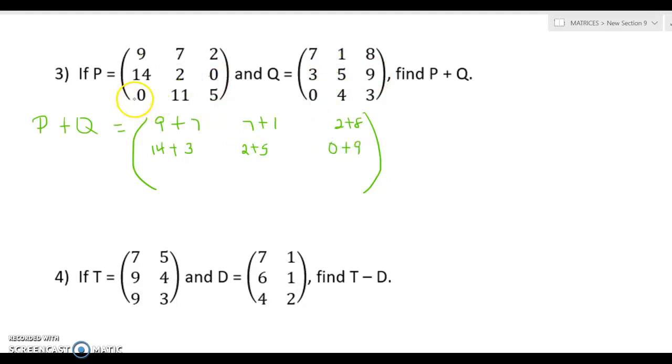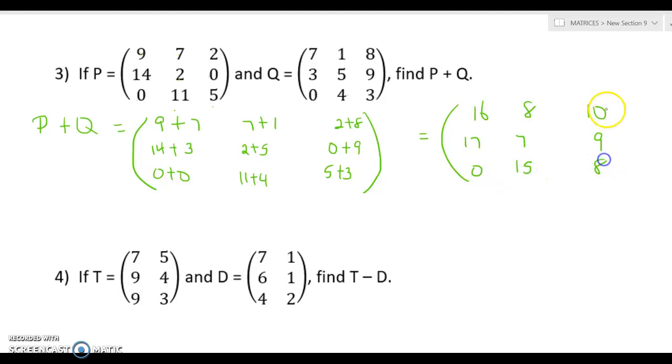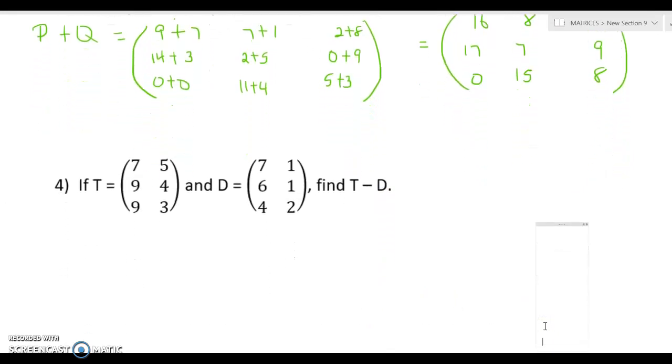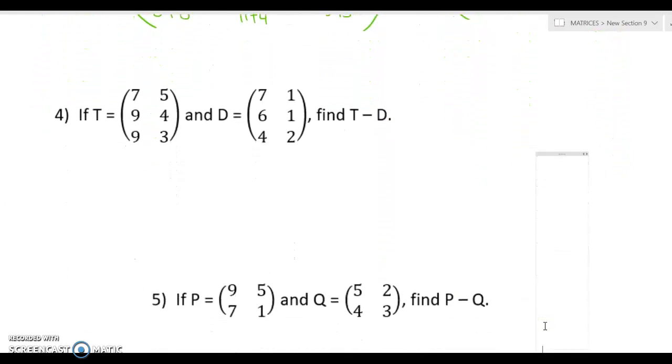And last row now, 0 plus 0, 11 plus 4, and then 5 plus 3. And then we get our final matrix. 9 plus 7 is 16, then we get 8 here, 10 here, 17, 7, 9, 0, 15, and 8. Pretty simple, right?